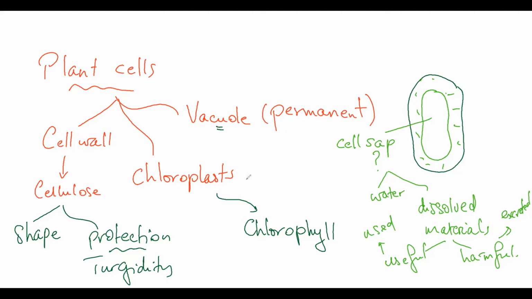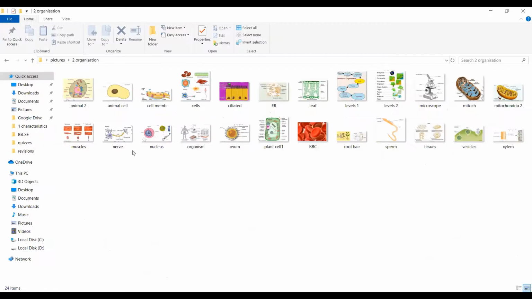If I'd like to show you both types of cells, typical animal and plant cells, I hope I find both of them together. No, I don't have this picture. This is a hand-drawn picture just to show you the animal cell.